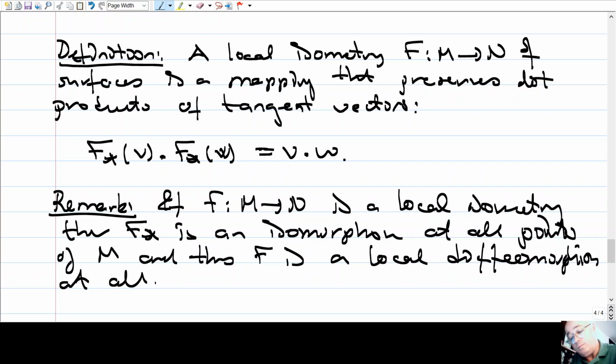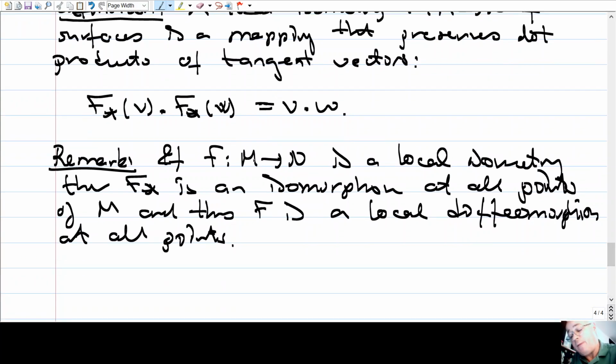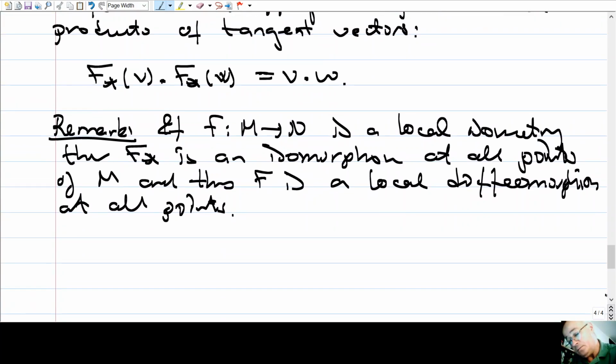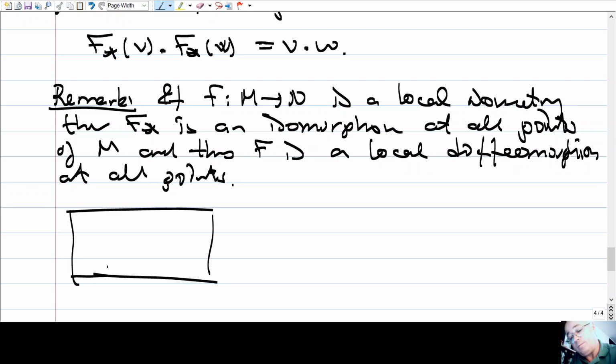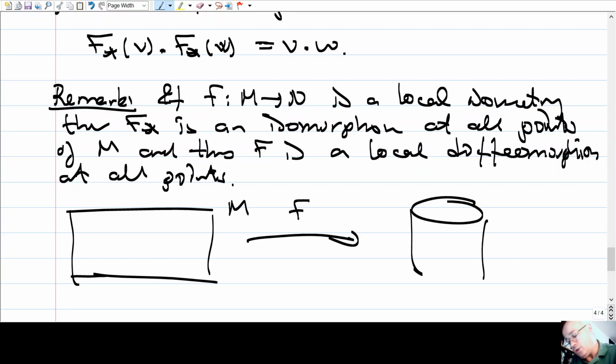At all points. So at every point of M, there is a neighborhood. So it's like the following. Okay, we will see examples. Suppose we have a plane M and F rolls this plane around the cylinder. We will see that this is a local diffeomorphism, but it's not one-to-one.